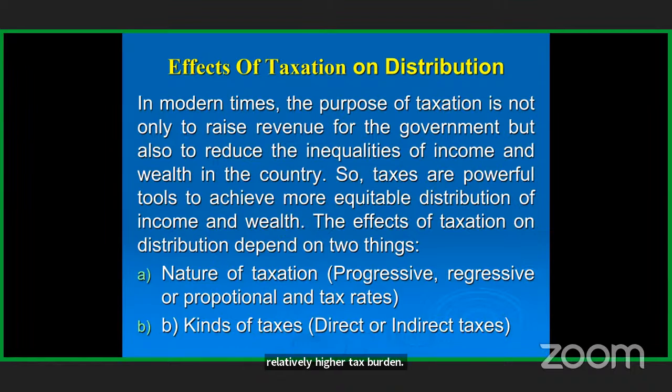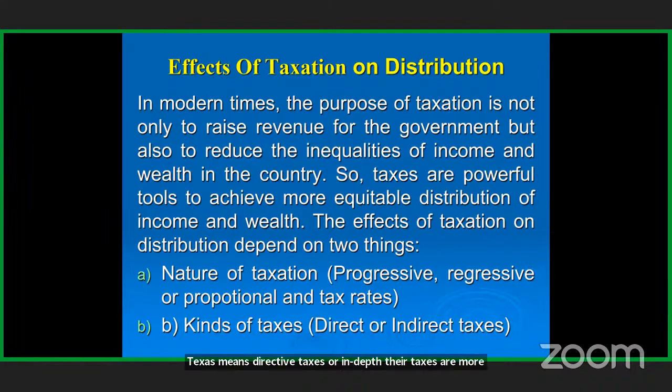And we can also discuss the effects of taxation on distribution depending upon the kinds of taxes. Whether the taxation is progressive, regressive, or proportional depends upon the kinds of taxes. Kinds of taxes means direct taxes or indirect taxes or both. Direct taxes are more progressive.